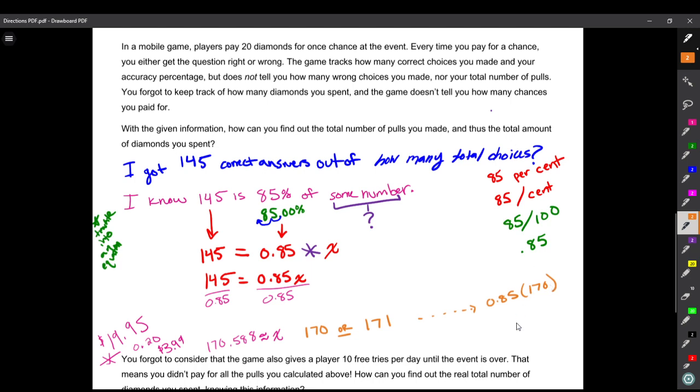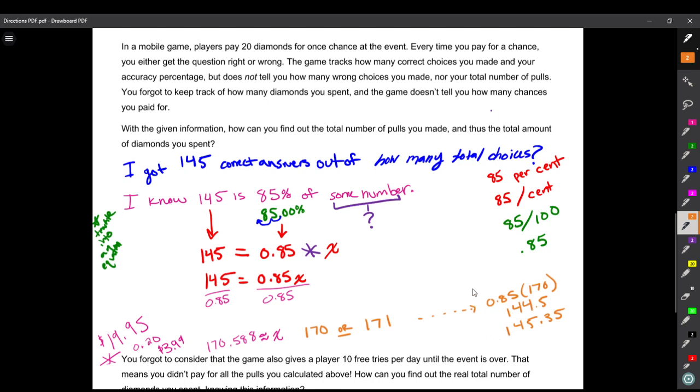Put that in our calculator. That's weird. I got a different number. I think I might be doing this slightly wrong. Maybe not. All right, so we got 144.5, and that's not how many pulls we had. But if we do 0.85 times 171, we get 145.35.